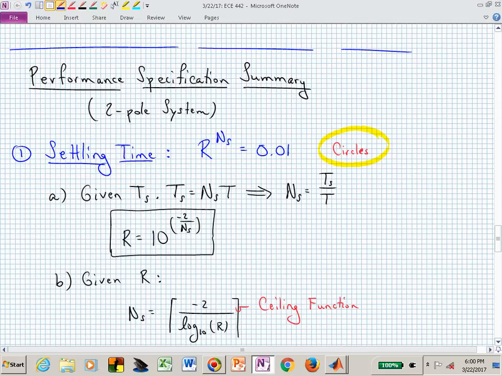If somebody gives you r, then you can find how many samples it will take to eventually reach your 1% settling time. And that's using the ceiling function. That's performance spec number 1.